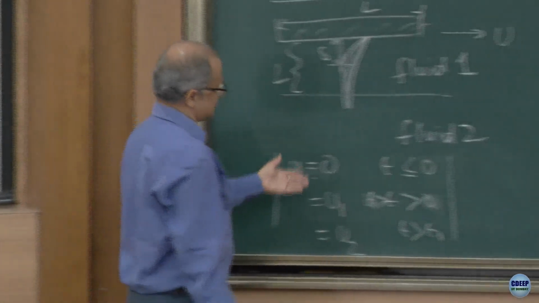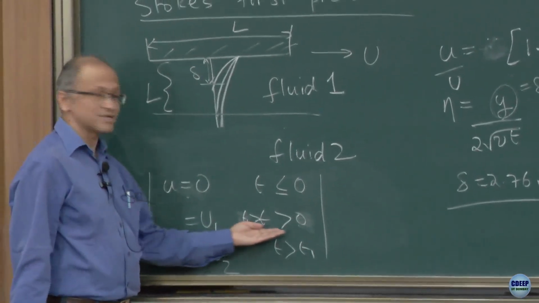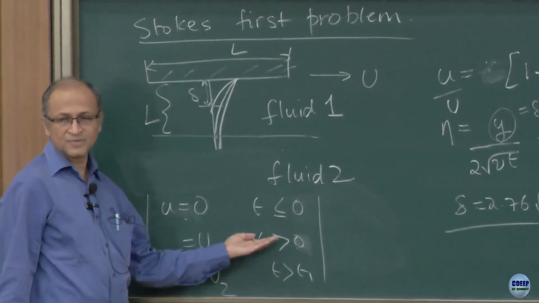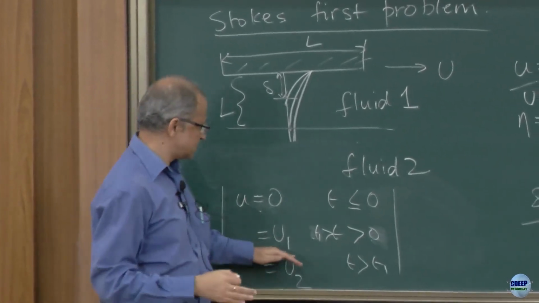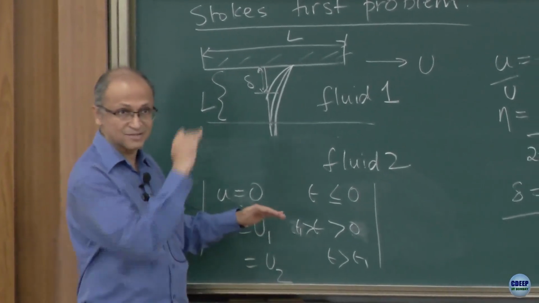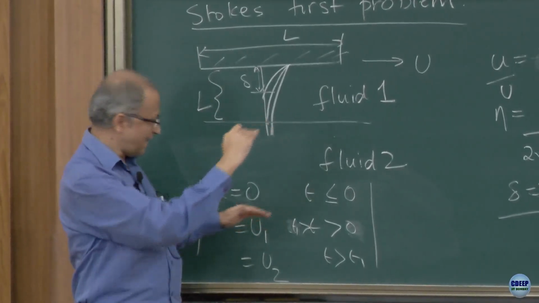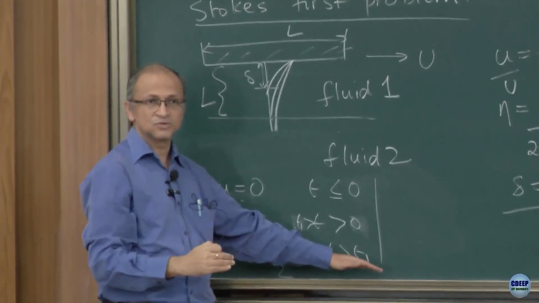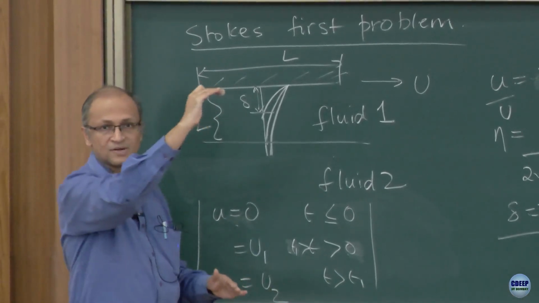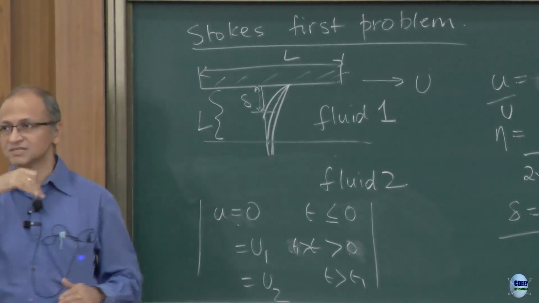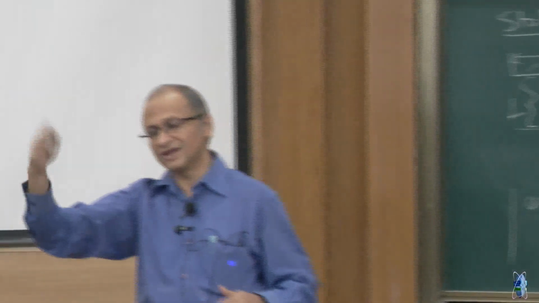Now my solution has to satisfy this: whatever solution I get should give me the velocity u1 at the wall. And after time t equal to t1, the solution should automatically change itself so that for any value of t greater than t1 that I put in that solution, at the wall I should get u2.